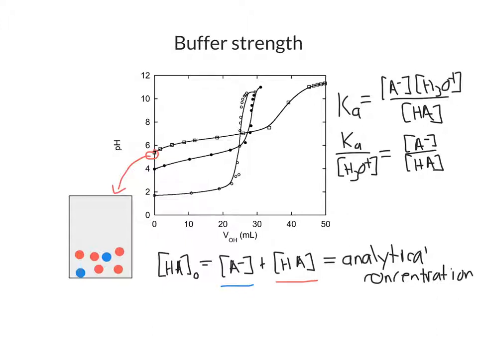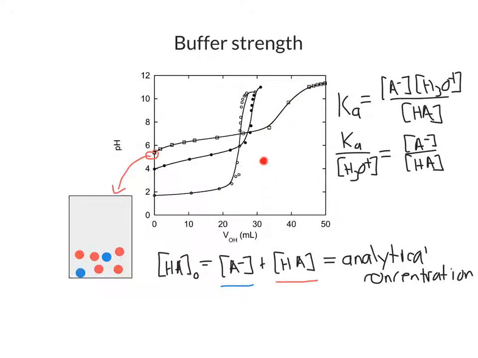And so we say that the buffer is broken. So if we look at this titration curve, we can see that the addition of strong base for about 20 milliliters resists changes in pH. But once I get close to this equivalence point, I start to see a rapid rise in pH, and this solution is no longer resisting changes in pH. So this is no longer acting as a buffer.